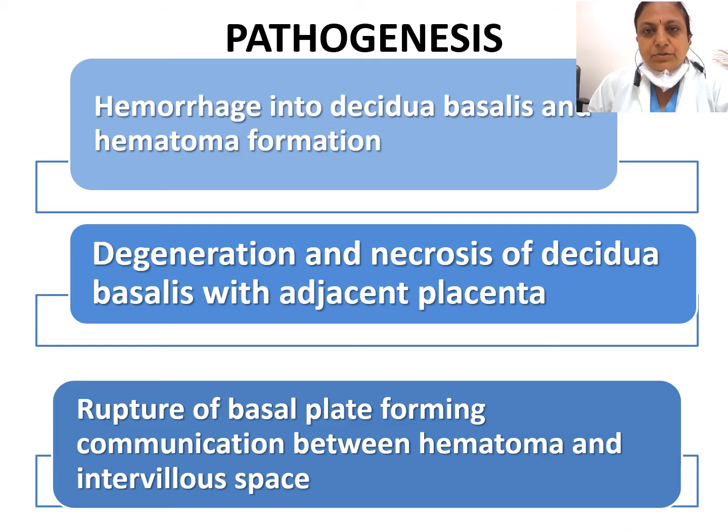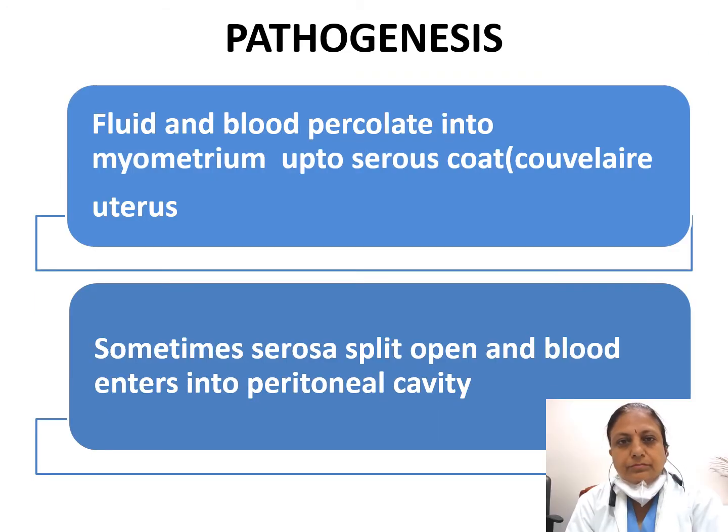Let us see the pathogenesis. Number one is hemorrhage into the decidua basalis and hematoma formation. Then degeneration and necrosis of decidua basalis with adjacent placenta, and rupture of basal plate forming communication between hematoma and the intervillous space.